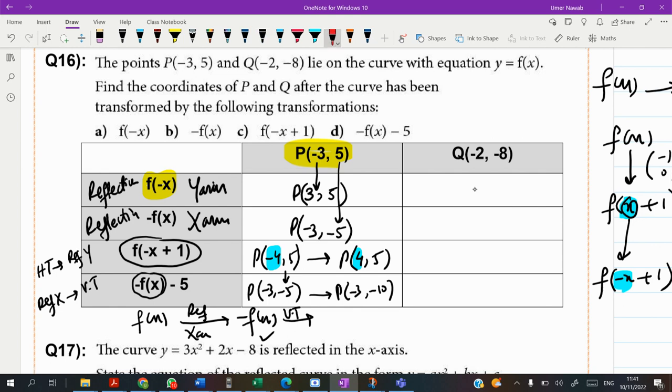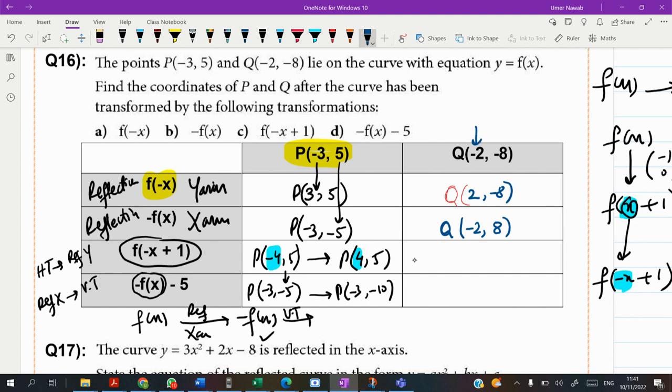I think you guys can do the same process here. When you do the reflection about the y-axis, it means you are changing the sign of the input. So it is -2, I'm going to change it to 2 and keep the y coordinate the same. Then I go to the reflection about the x-axis. The x coordinate stays the same, the y coordinate changes the sign. Then I do f of minus x plus 1, in which I do the horizontal translation first.